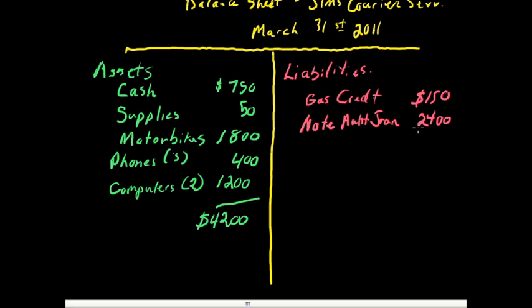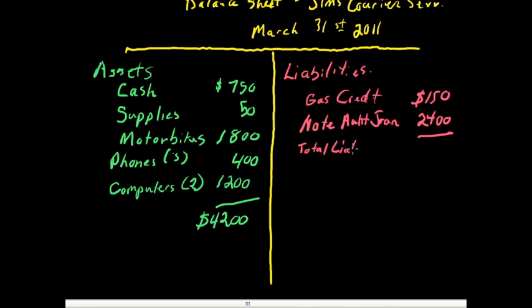He's paid it down. It was bigger than that when he started, but he's paid it down a little bit. But that's what's remaining. As of March 31st, he still owes $2,400 on that loan.